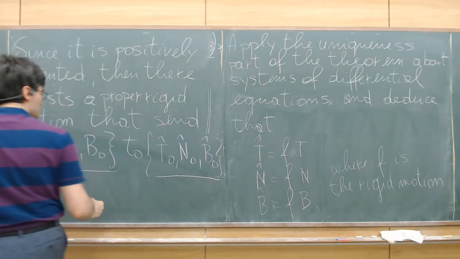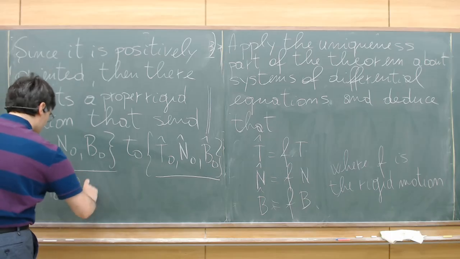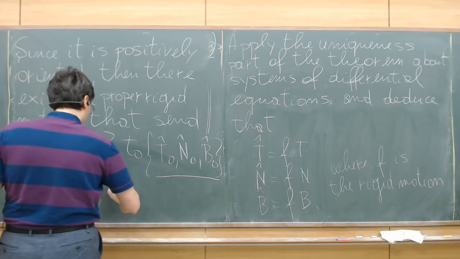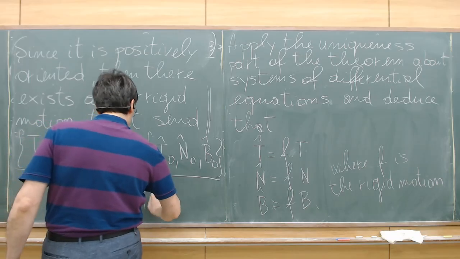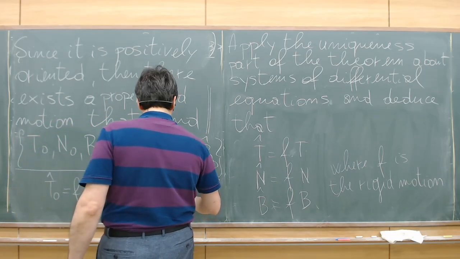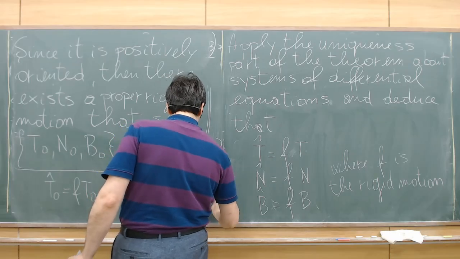In other terms, T hat at 0 is f of T0, N hat at 0 is f of N0, and B hat at 0 is f of B0.